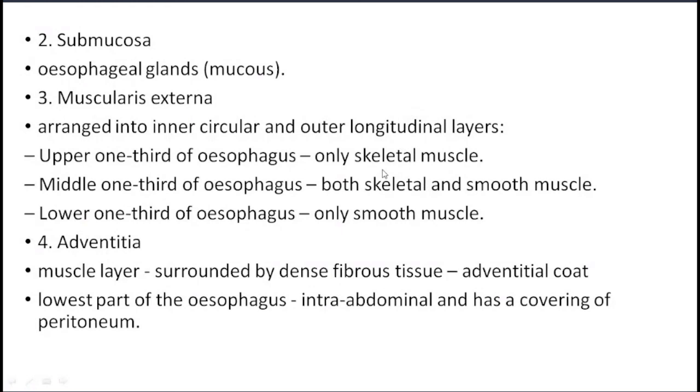Here one more thing is that this smooth muscle layer, that is the circular smooth muscle layer, forms the physiological sphincter at the cardiac end of the esophagus. And जो आपका cardiac sphincter रहेगा, that is the physiological sphincter.